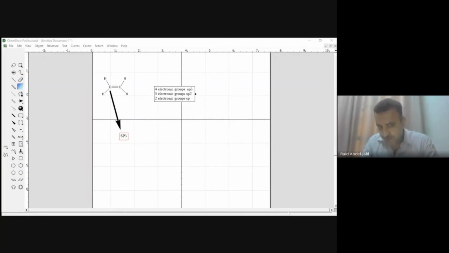It's all about the number of electronic groups in the Lewis structure.